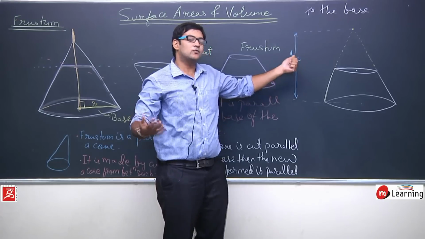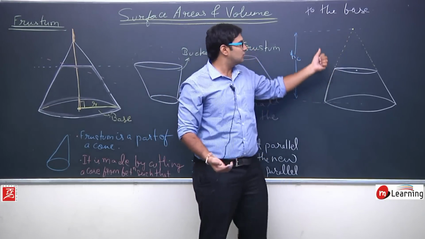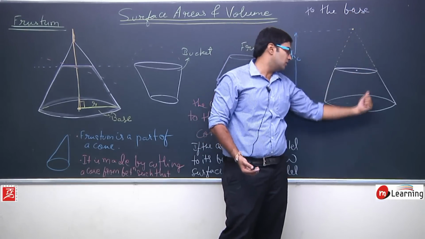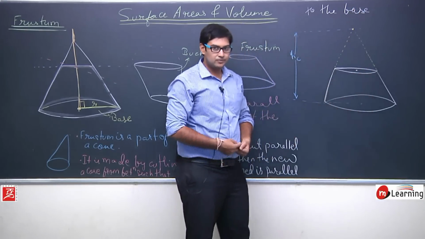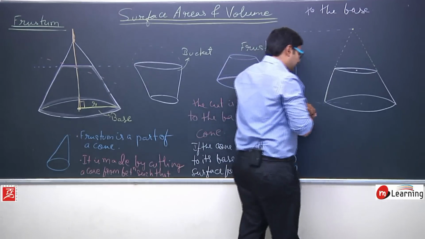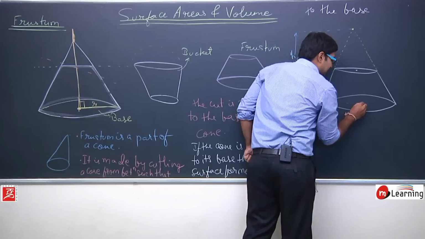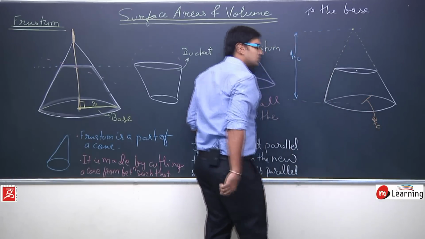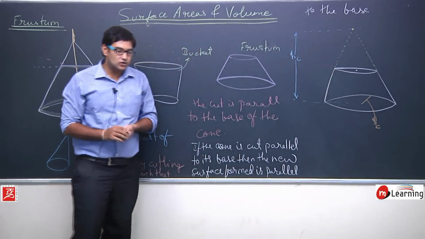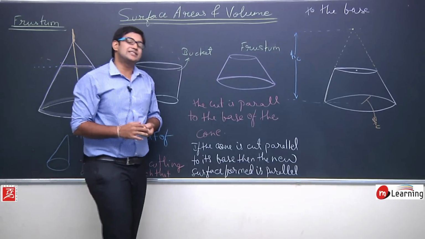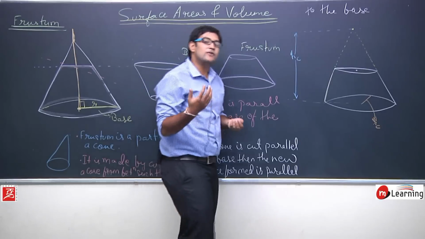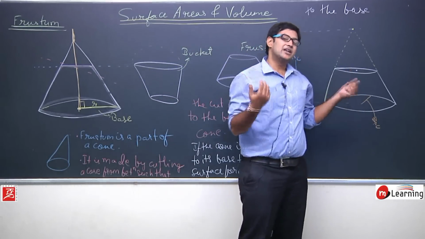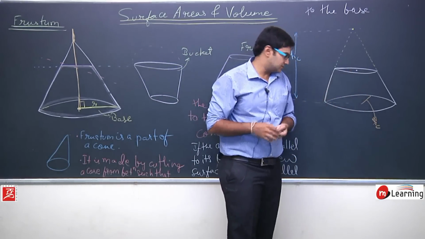Then we have defined one more terminology, that is radius of the cone, let us say RC. Radius of the cone means simply the radius of its circular base.